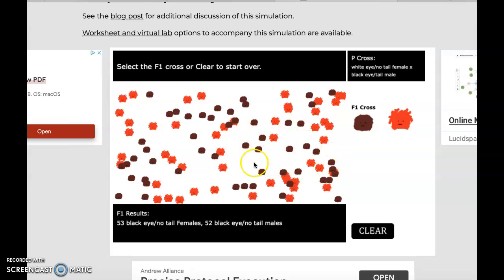So if we're looking at that trait alone, that's what we would see. In the case of the tail, we saw that one parent had tails, the other did not, but they all have no tails, meaning that no tails is dominant.